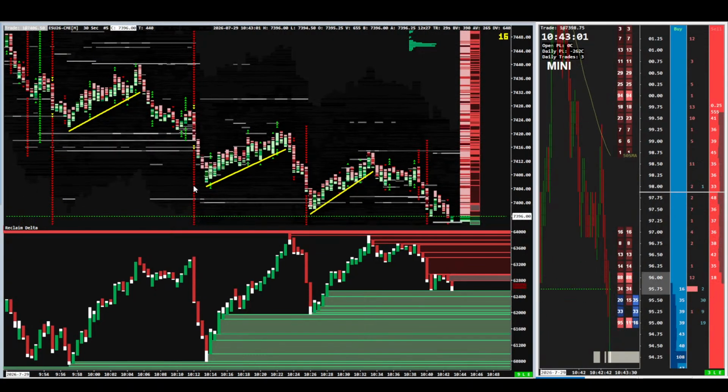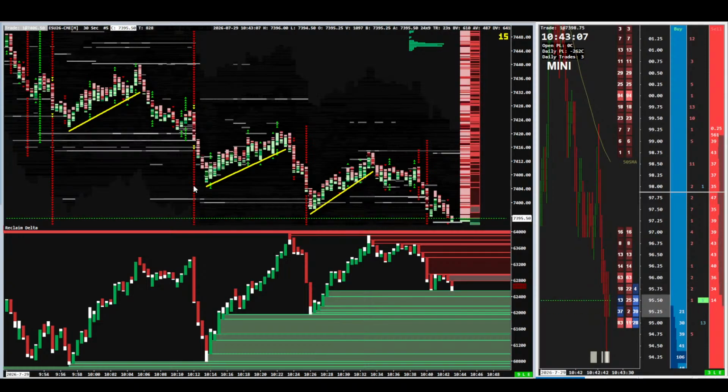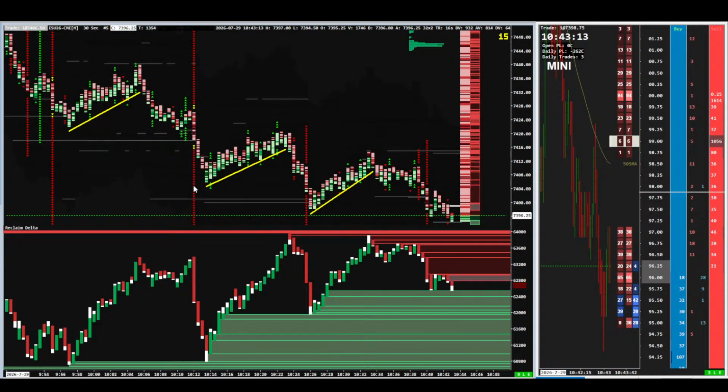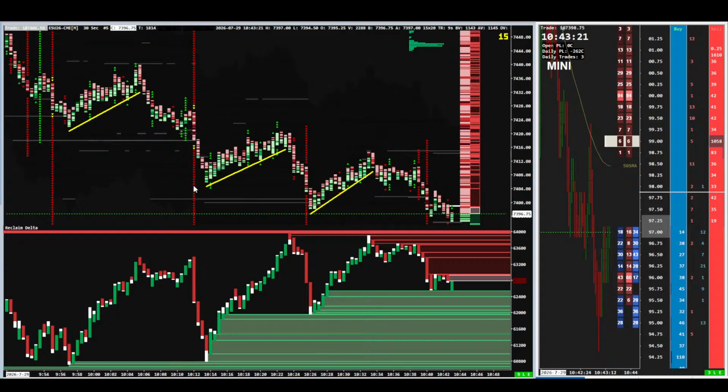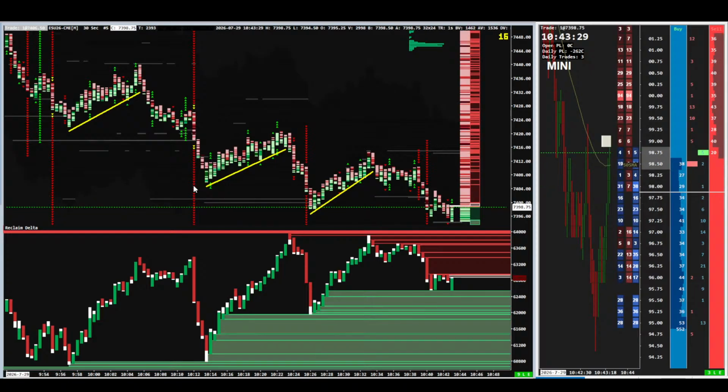Huge bearish divergence on the 30-second. Massive sell defense here. Why? 1,000 lot above, 1,000 at 99, yeah. He pulled.